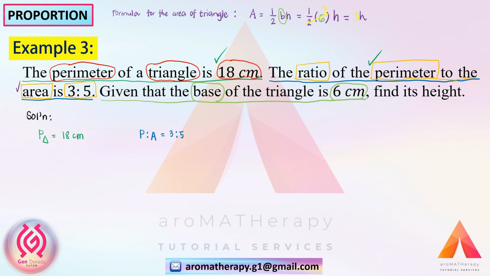So here we are asked to find the height of the triangle. Input the value, we have 18 is to 3H is equal to 3 is to 5.